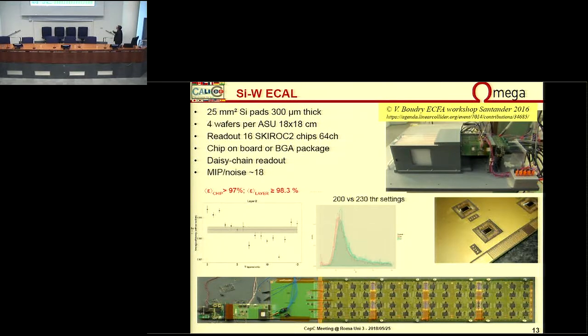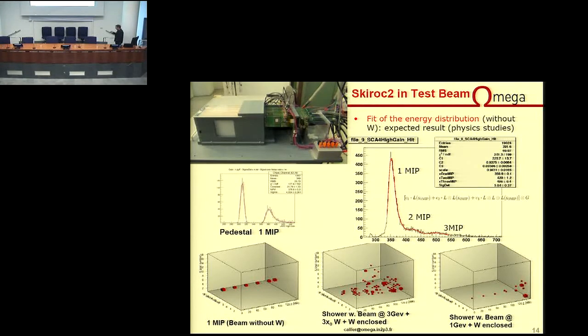And this test beam campaign was using this front-end board. These are BGA, there are 16 BGA Skyrock 2 chips. So you have a stack of up to 10 front-end boards. This naked chip directly embedded in the PCB is the other option foreseen for the ECAL.